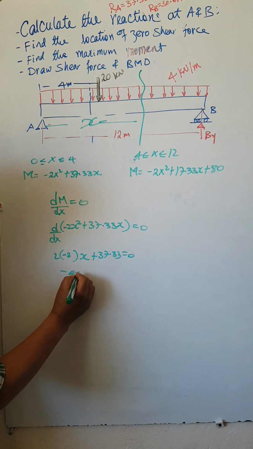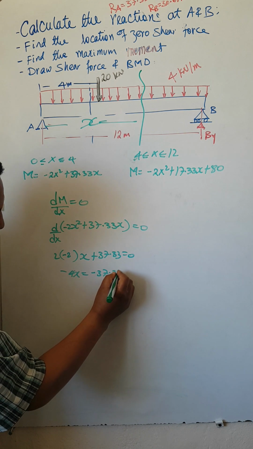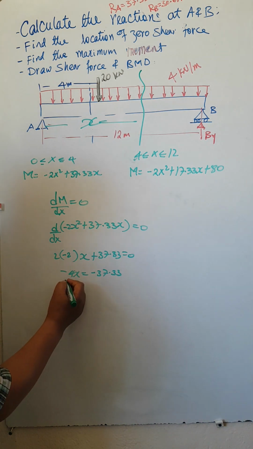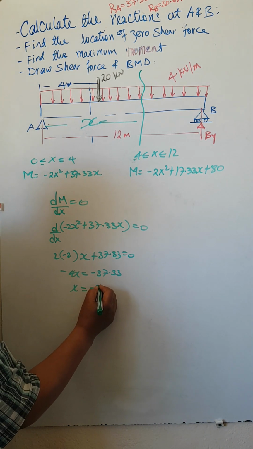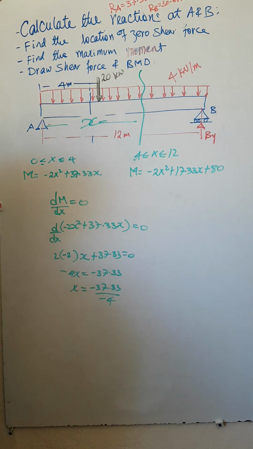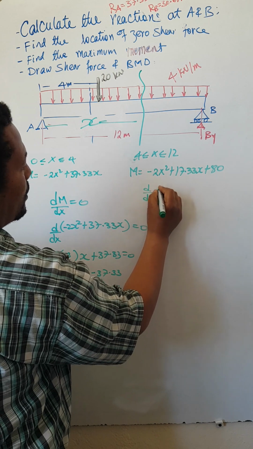Then negative 4x is equal to negative 37.33. Then x is equal to negative 37.33 divided by negative 4, which comes out this way.